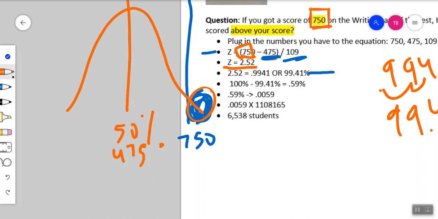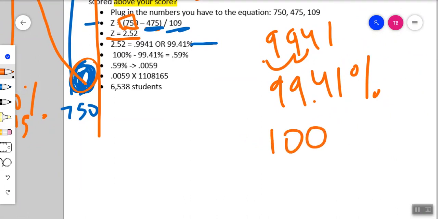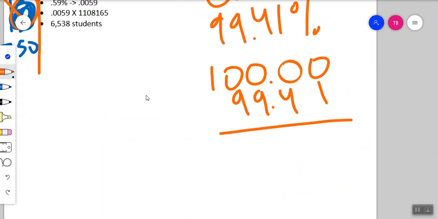So what we want to do, since we know 100% is within this one, is take the 100% minus 99.41, and it'll give you a very small number.